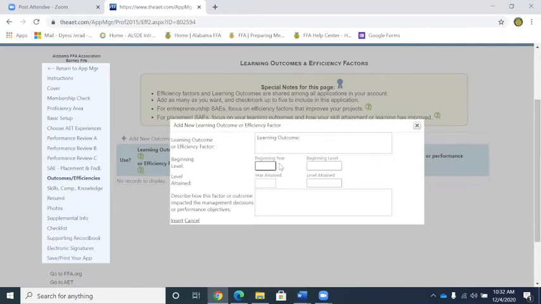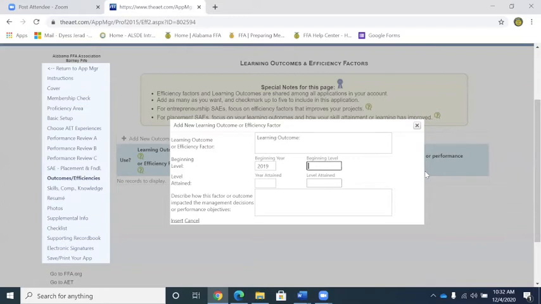Now you can do this beginning level as a percentage, or as beginner, but be careful using percentages because if you say, okay, I was 10% efficient at determining whether or not I'd done a good job weed eating when I started, and when I finished, I was 95%.